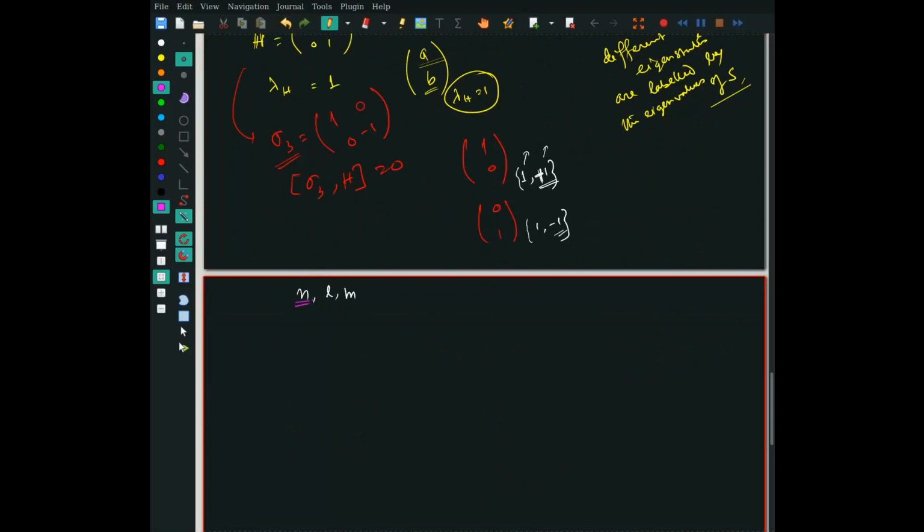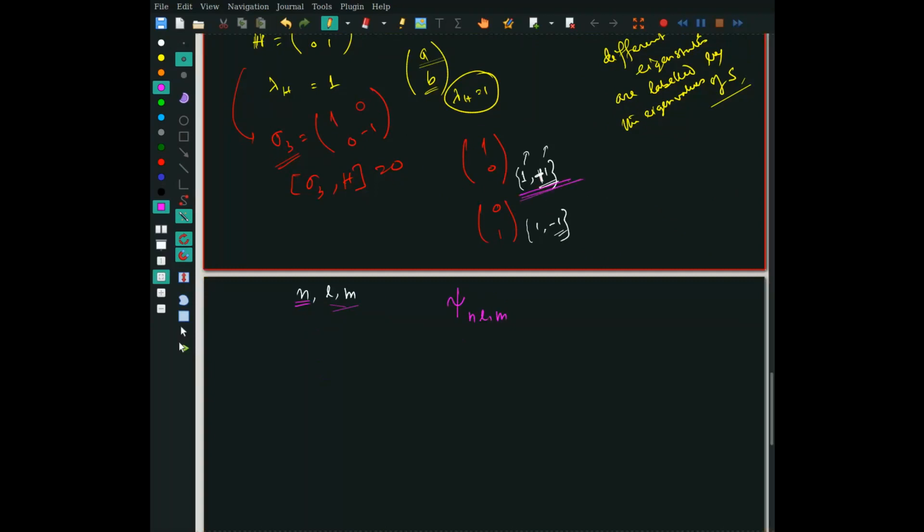You put a different linear combination of these l and m, and it will still be an eigenstate of my energy, right? So you usually write the whole eigenvector or wave function as psi n l m.